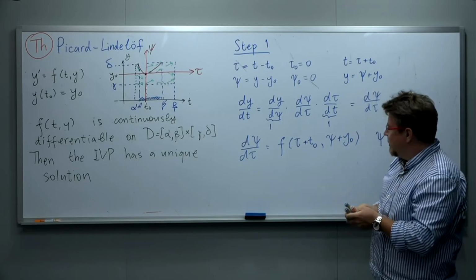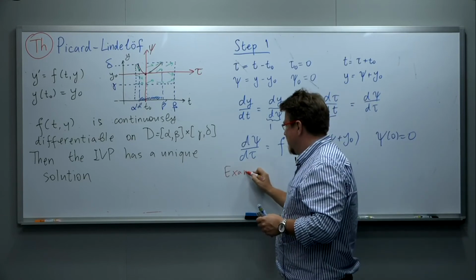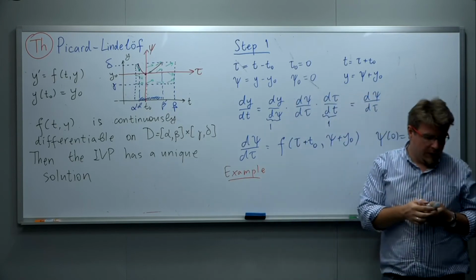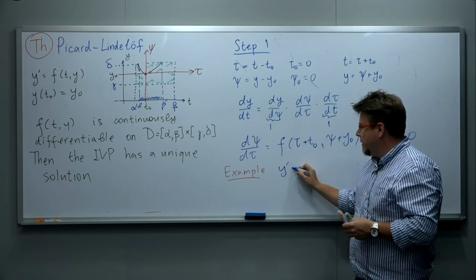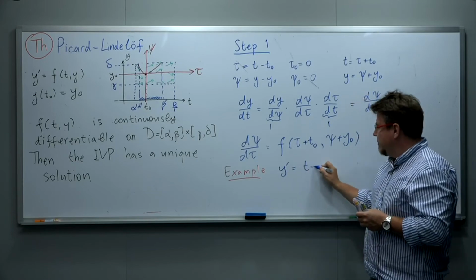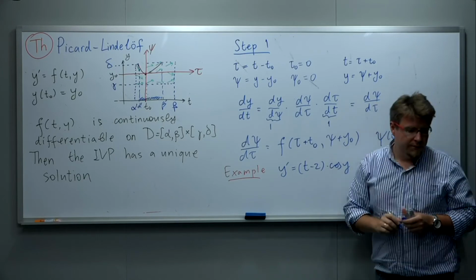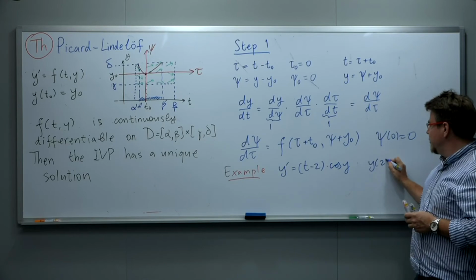Currently, let me just give you maybe one specific example. So let's say that we have the differential equation y prime equals t minus 2 times cosine y. All right, and the initial condition is y of 2 equals 1.